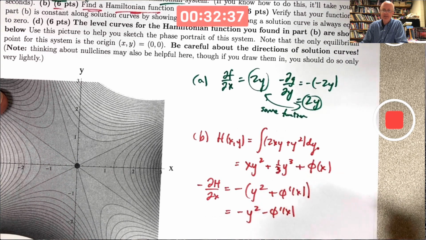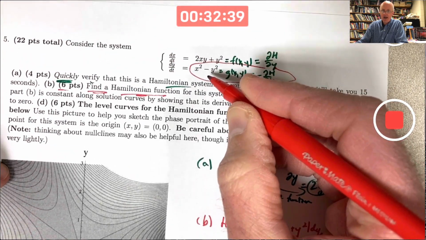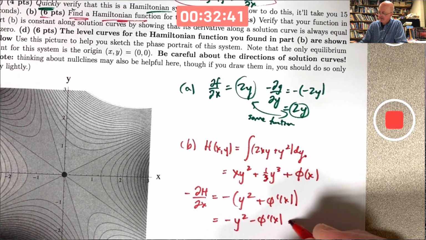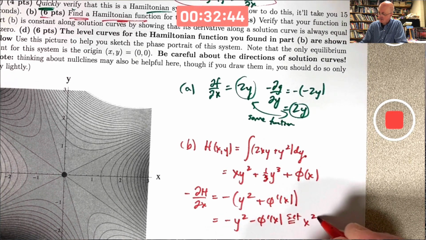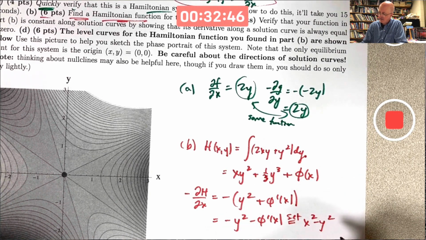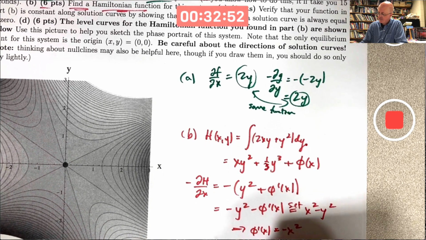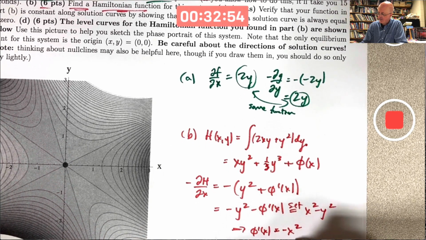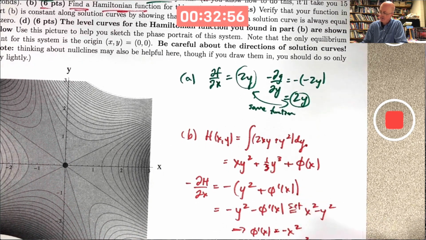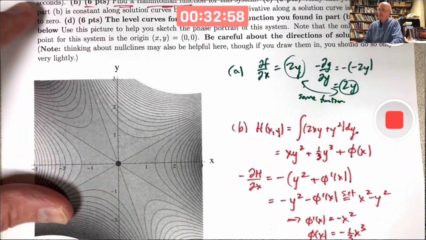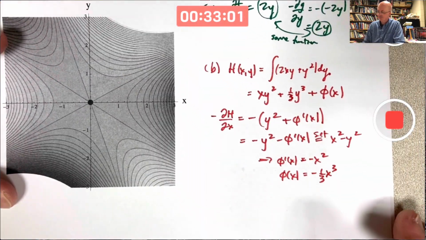I need to set this equal to x squared minus y squared. The y squareds are already equal. This implies that phi prime of x equals negative x squared. So I can take phi of x to be negative 1/3 x cubed plus c. But you might as well take the c to be 0.